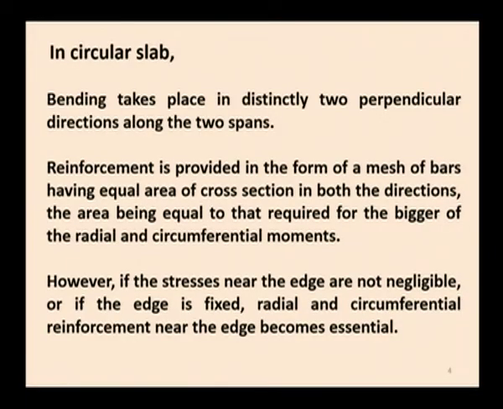How does the circular slab behave? In the circular slab, normally the bending takes place in 2 perpendicular directions. So, the reinforcement should be provided along both directions, in the form of mesh reinforcement, since it bends along both directions.